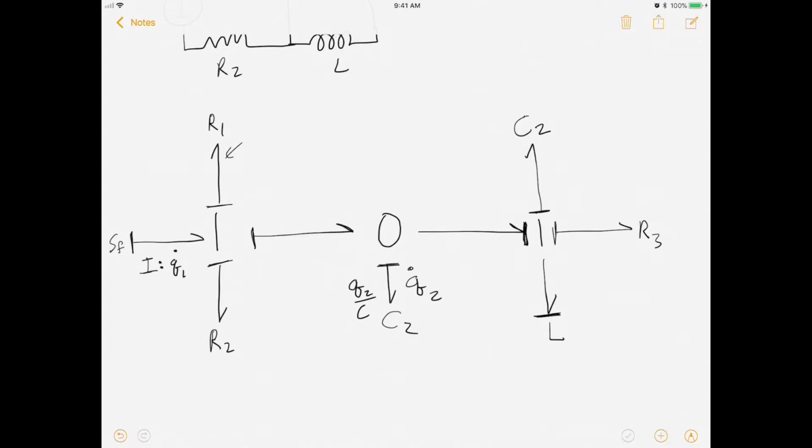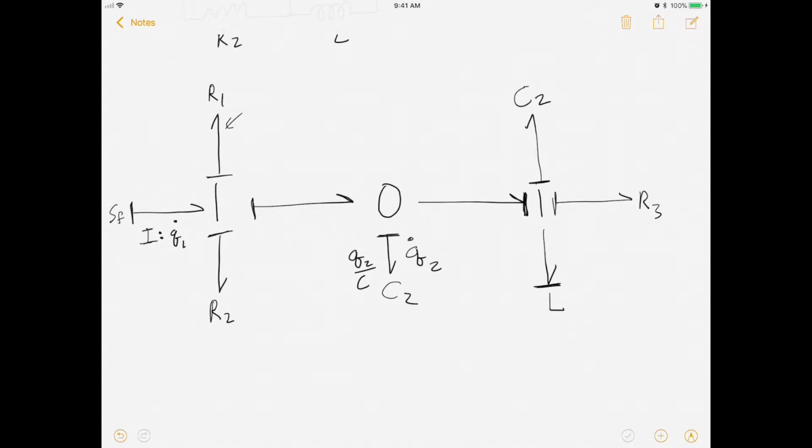You can actually Google this and see if this is the case, but remember that charge over capacitance is equal to voltage. And since this is the effort variable right here, we're going to copy that to the other nodes going into the zero junction, simply because it's a common effort junction. So Q2 over C. Now we found that variable for that zero junction, which is great. That's the common effort variable, Q2 over C.